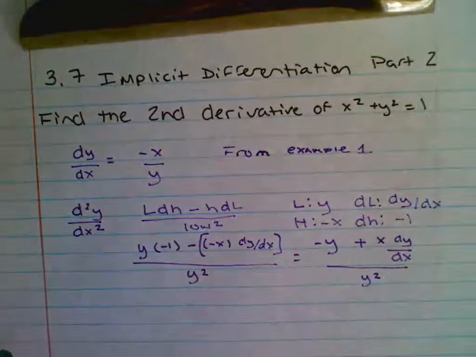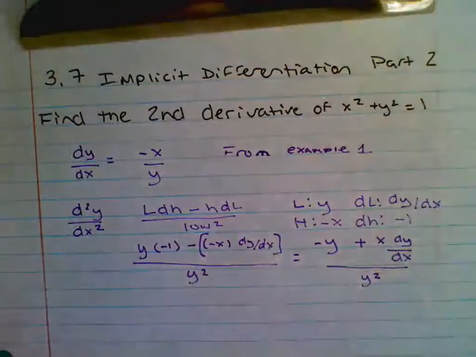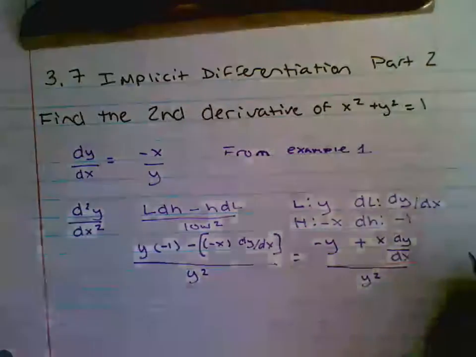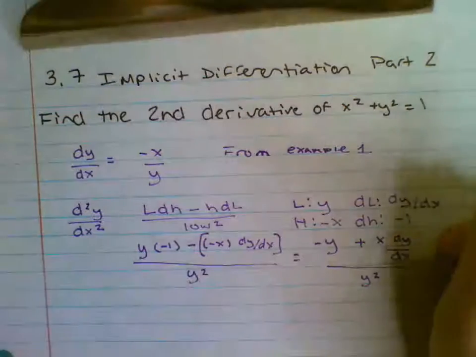Okay, so the next thing that I want you to notice is this piece right here. We know what dy dx is because it's this. All right, so I'm going to substitute that in.